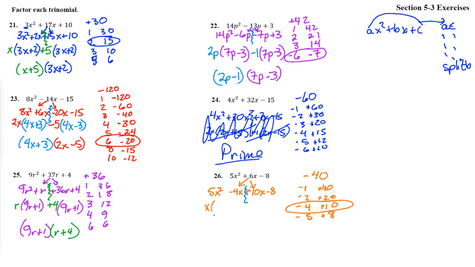Just an x out of this one, and we're left with 5x minus 4. And then what do we pull out of here? A plus 2. And we're left with 5x minus 4. All right, so when we pull out this blue guy, 5x minus 4, what's left? X there and a plus 2 there.